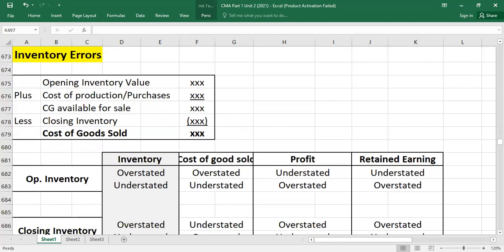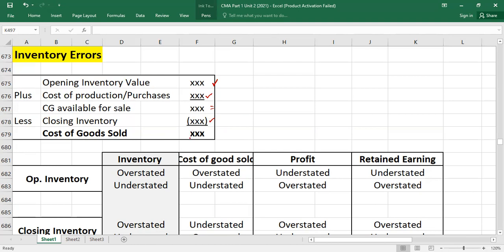Inventory errors we are discussing now. And I'm starting again with a simple format. Format for what? Cost of goods sold. And what is the normal format? We have opening inventory plus purchases, equal to cost of goods available for sale, less closing inventory, equal to cost of goods sold.